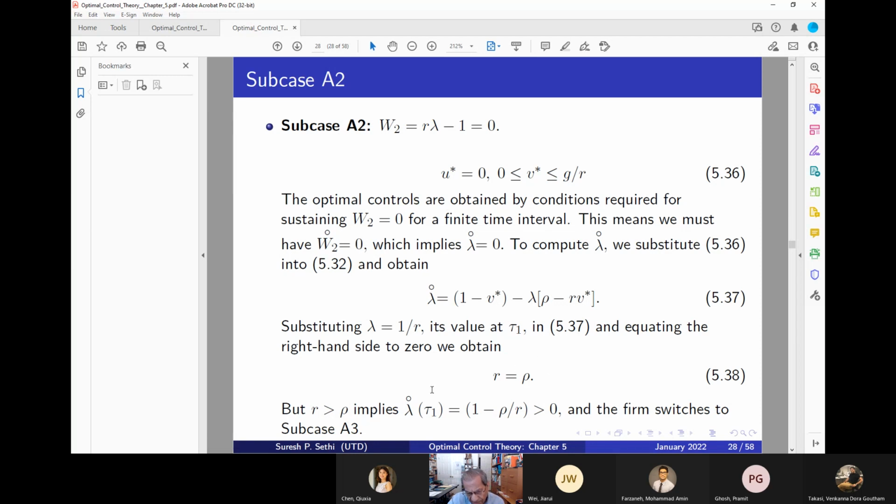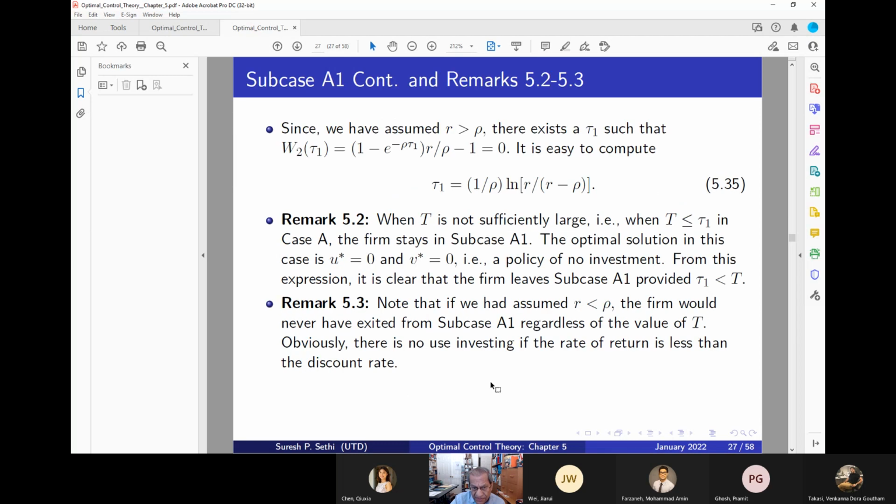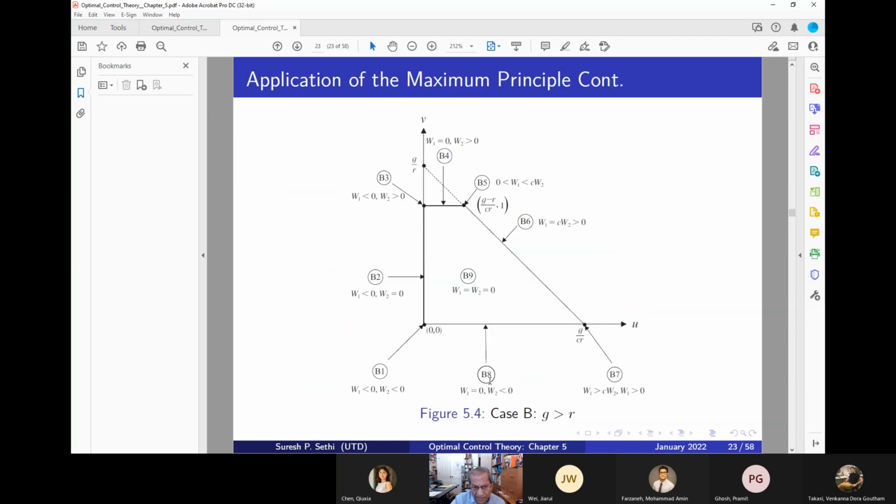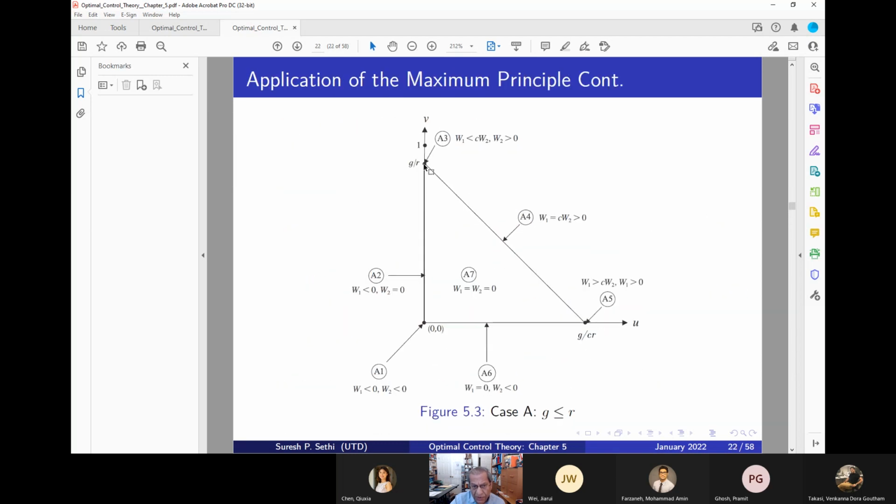And that means lambda circle at tau 1 is actually bigger than 0, and lambda is going to increase. And if lambda is going to increase, we are going to go immediately to this point. So we're going to stay only a 0 amount of time along this line, and we go right away, immediately, from there to here.